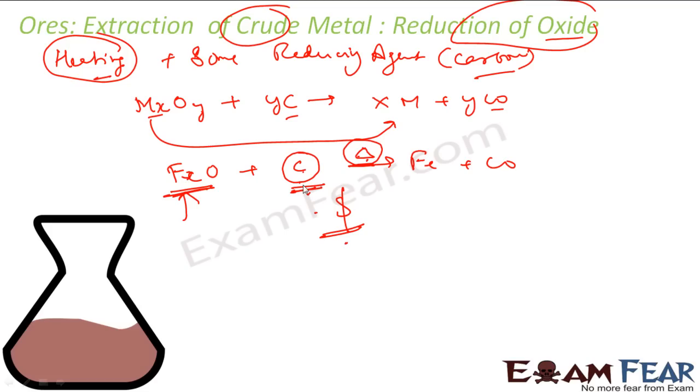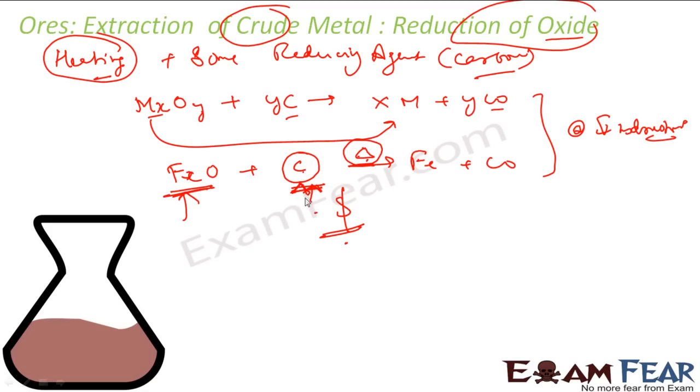Correct? See, there can be a scenario where if you use a particular reducing agent, you don't even need high temperature. But actually what matters is the cost of that reducing agent. Is it available cheaply? Because it's all at industrial scale. You want to minimize the cost. The cost is a critical factor here.